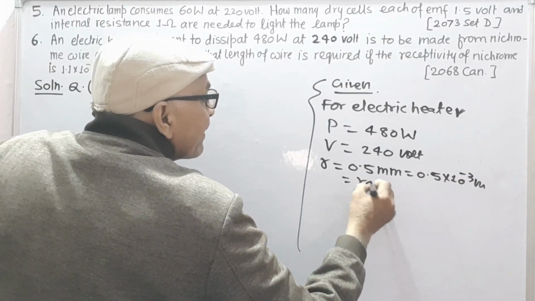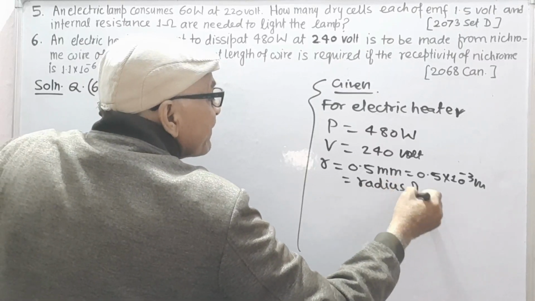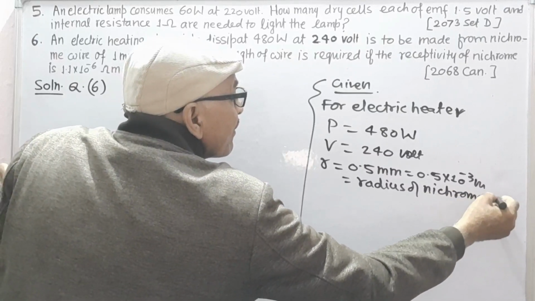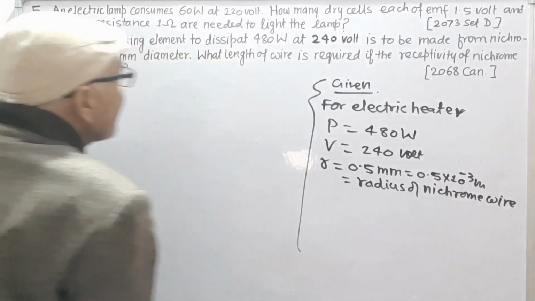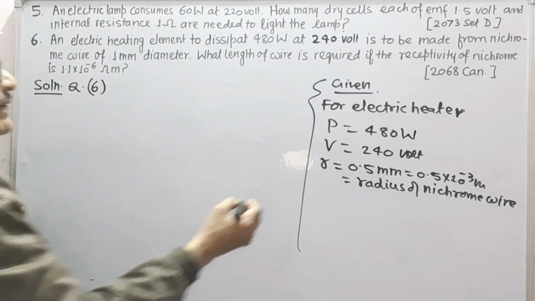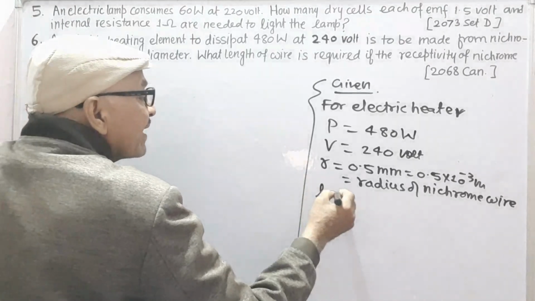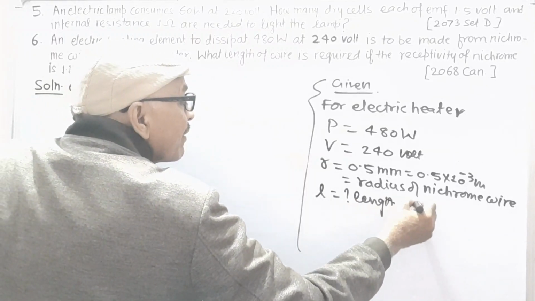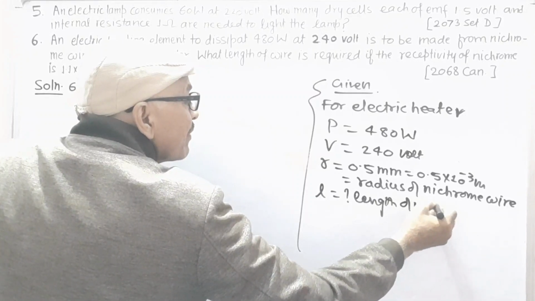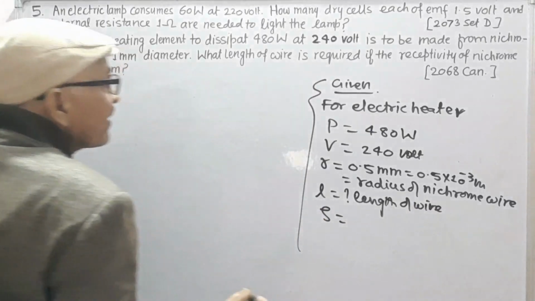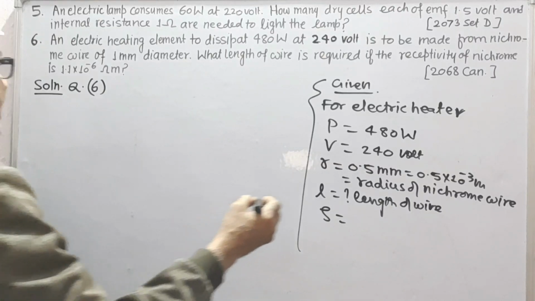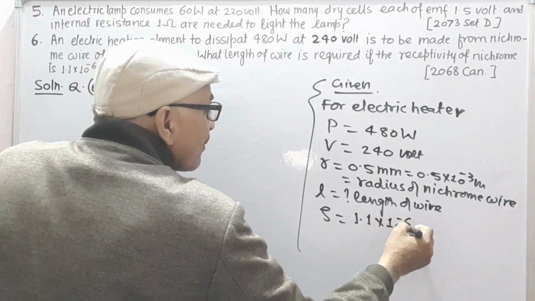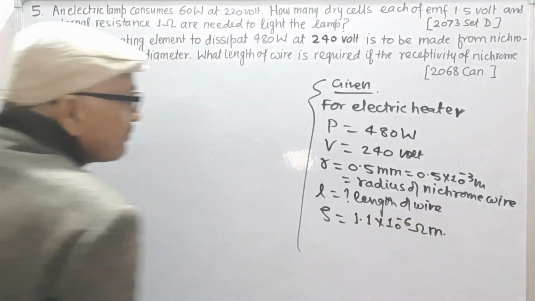This is the radius of the nichrome wire, which is used to make the heating element. We have to find the length of wire needed. Resistivity is given to be 1.1 into 10 to minus 6 ohm meter.